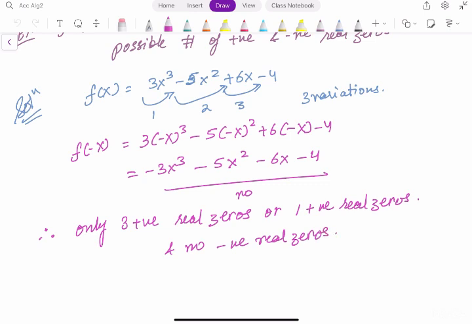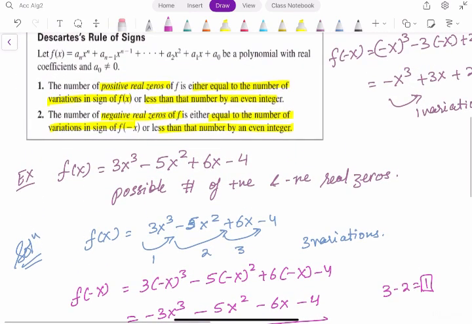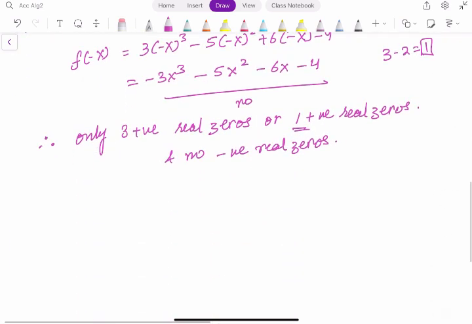And we don't have any negative real zeros because there is no variation with f of negative x. That's how I got 1 positive real zero. Keeping these two rules in mind will be quite handy. Even integer implies we are subtracting by 2's.